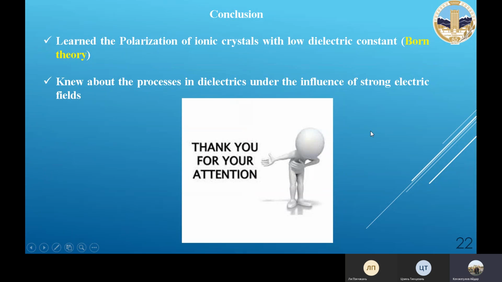So, in conclusion, in these three lectures we learned the polarization of ionic crystals with low dielectric constant, and then learned about the processes in dielectrics under the influence of a strong electric field.